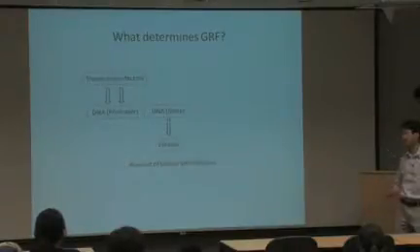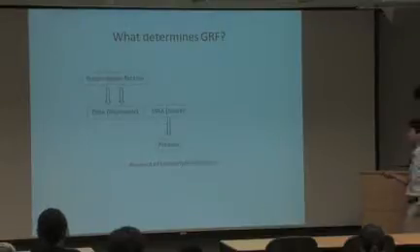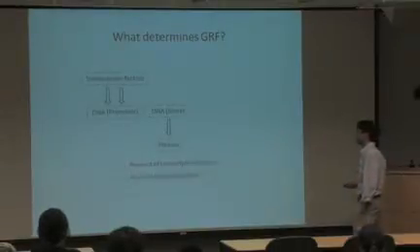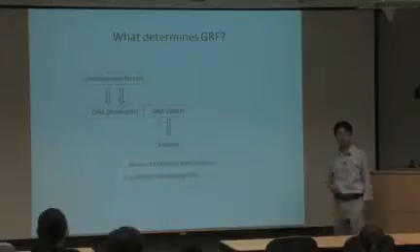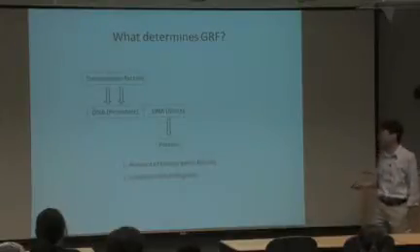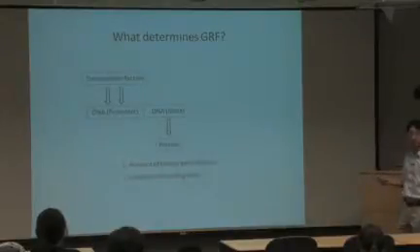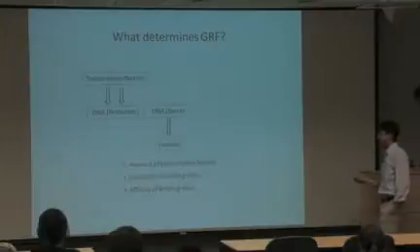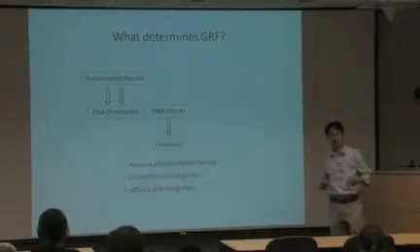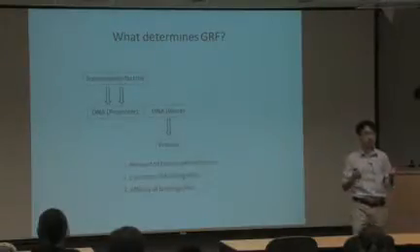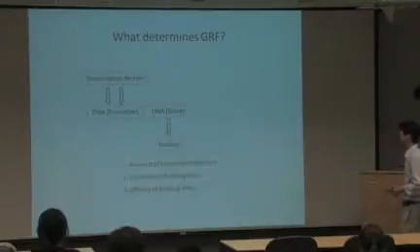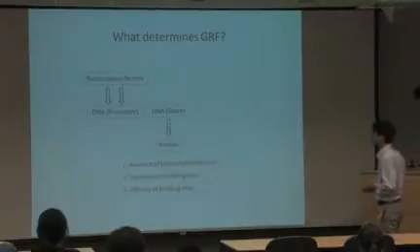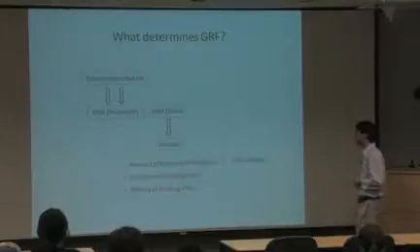The concentration of transcription factors is going to determine the occupancy of transcription factors, and also the location of transcription factor binding sites. The ones that are located closer to the gene will have a stronger effect on gene expression. And the affinity of binding sites, right? Not only the concentration of transcription factors, but also the affinity. How tightly the transcription factors interact with those sites is going to determine the gene regulation function.